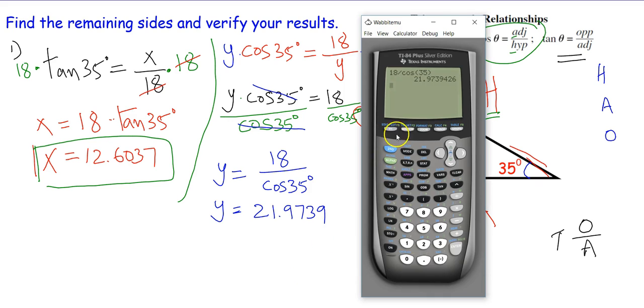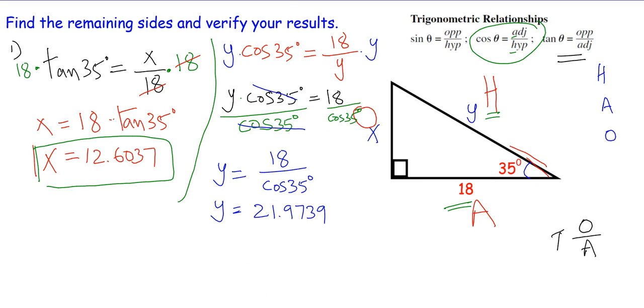Let me double check. That's right. So the second variable, this y value, you also have, right? This x is 12.6037, and y equal to 21.9739.